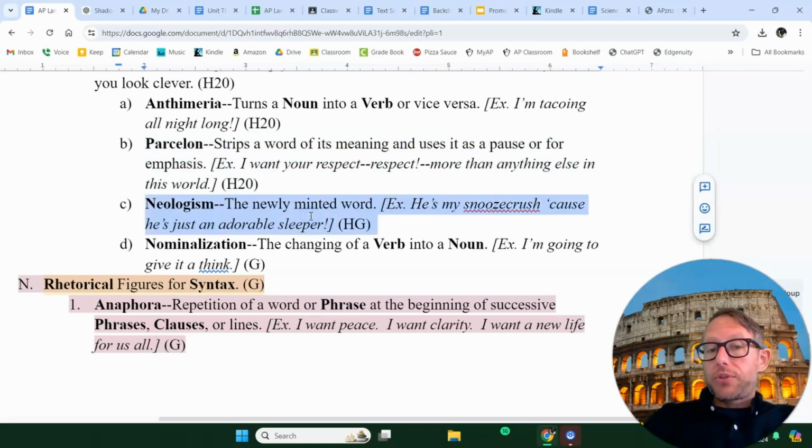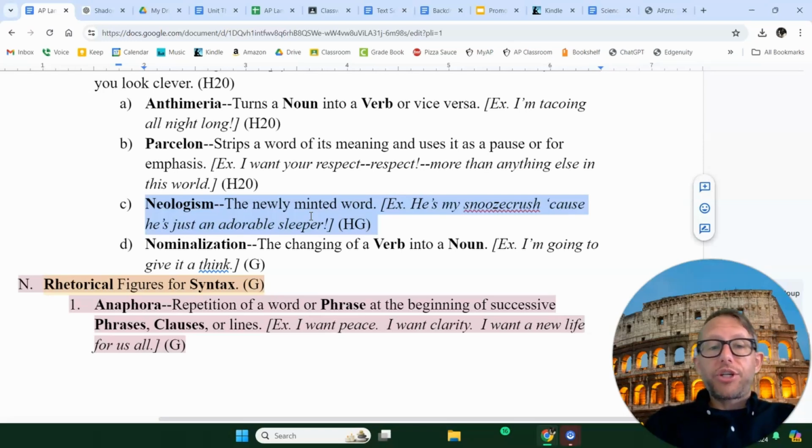You've got neologisms, newly minted words, a word that you yourself have coined, and we hopefully will get a good sense of what it means based on the context, maybe because of roots and affixes, things of that sort, and that will hopefully help us to understand what's going on. So case in point, here's this one. A great tool to make a neologism is to make a compound word that has never existed before, which is kind of what's happening here.